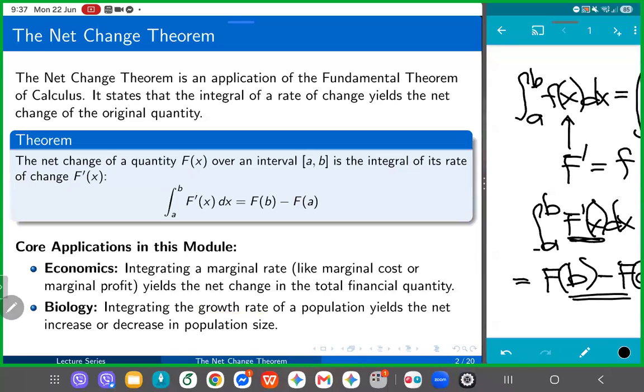So integrating a marginal rate yields the net change.